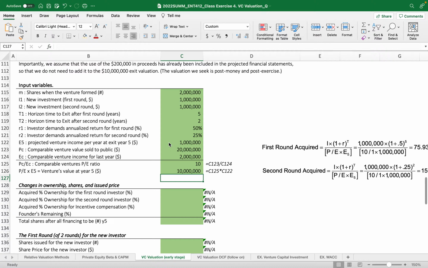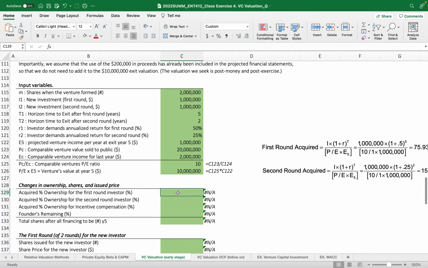Now, let's break down this 10 million into first round investors, second round investors, incentive compensation, and founders remaining, in the form of the change in the ownerships.